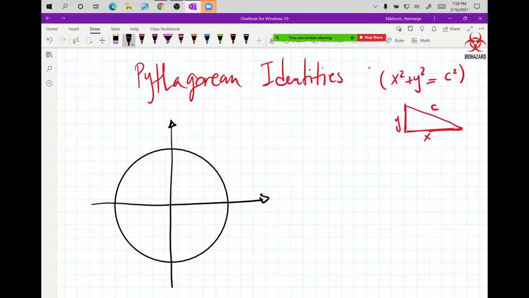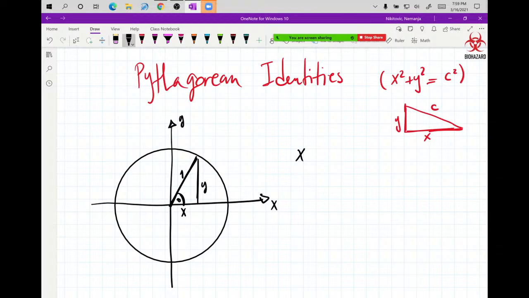So we'll do this. If I pick some angle, drop down this line, knowing this is x, knowing this is y, knowing there's my angle theta, and knowing this is 1, does the Pythagorean theorem apply for it? Yes.